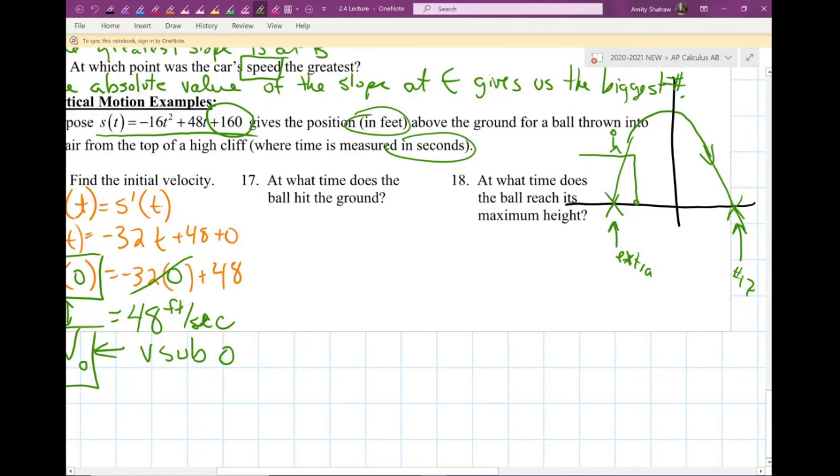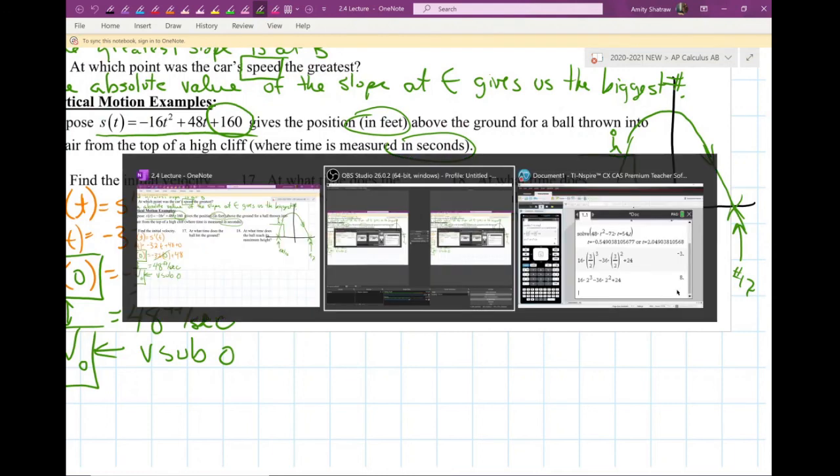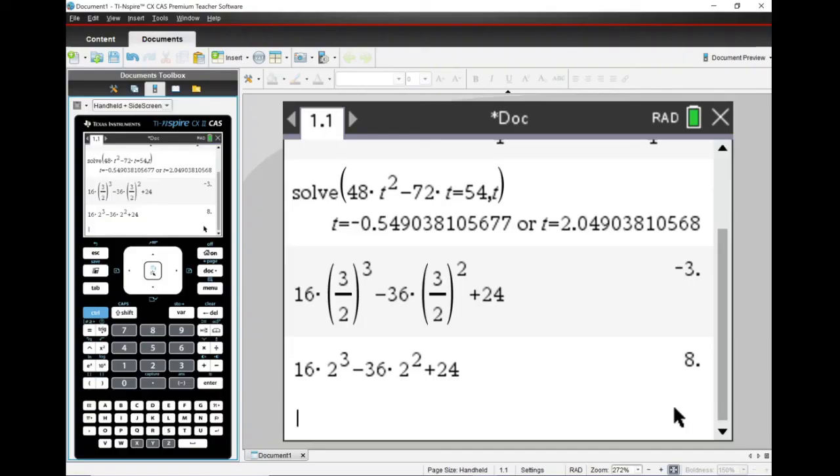So how do I do that? Well, how do I find the x-intercepts of a parabolic equation? I can just solve it. And I love my calculator, so I totally intend to use it because nobody said I couldn't.